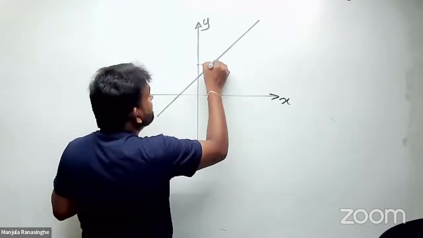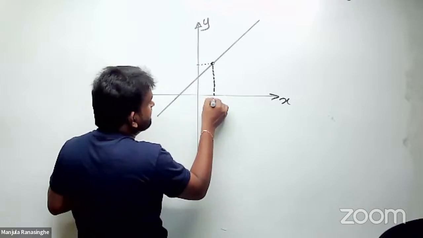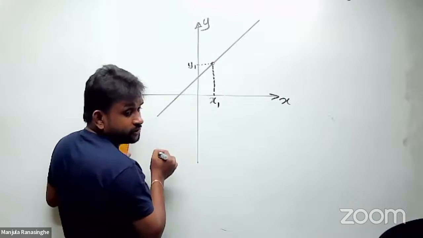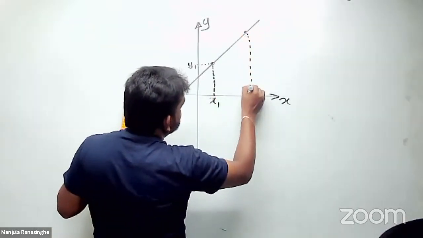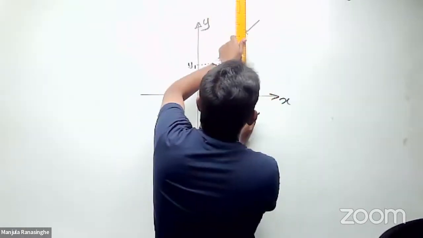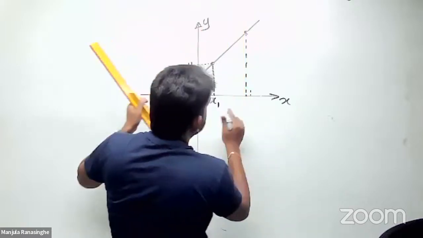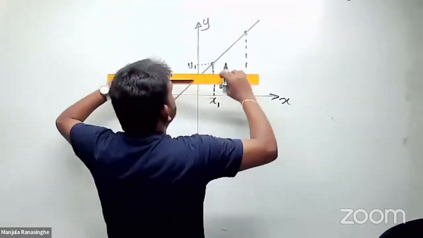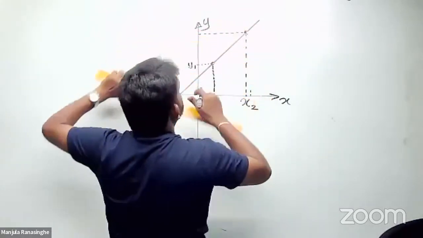The coordinates are indicated here: the x coordinate x1, here y coordinate y1. Then I choose another point. Here the x coordinate is x2. These are very important. Then the y coordinate here is y2.